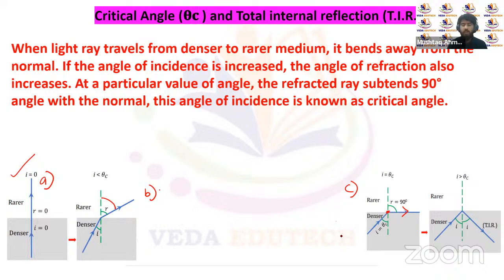Now, in the case D, if we further increase the angle of incidence, then the angle of refraction has to be greater than the angle of incidence. So this refracted ray will not be grazing the interface now. It will actually come back into the same medium, or we can say it will be reflected back into the same medium.